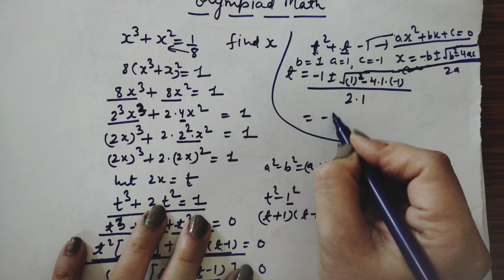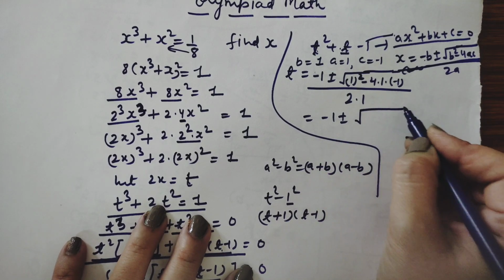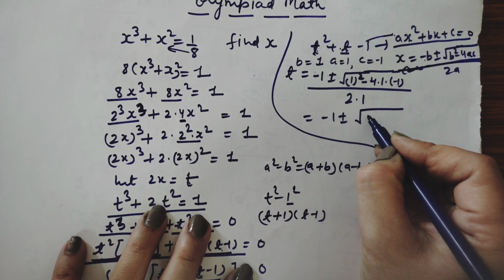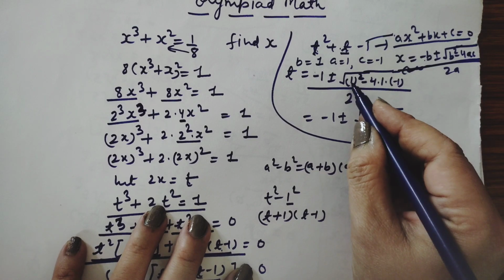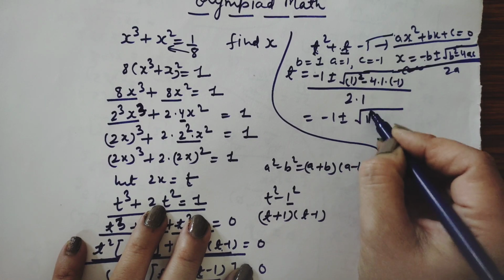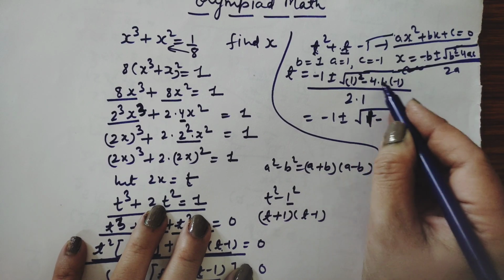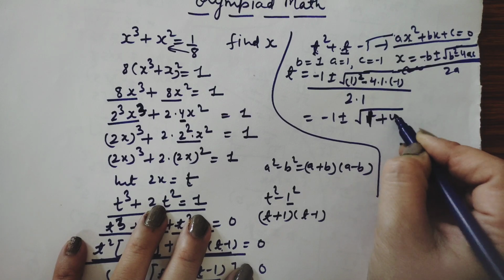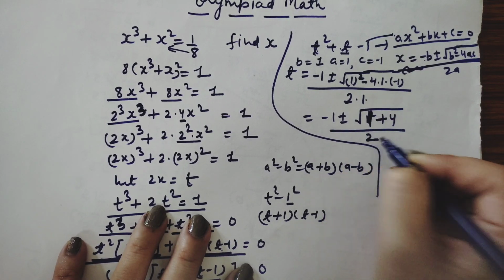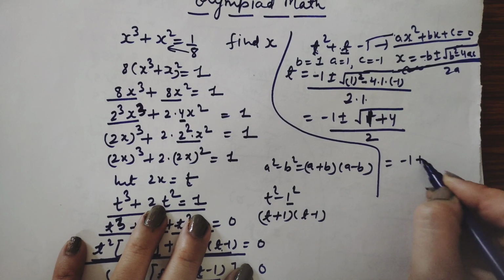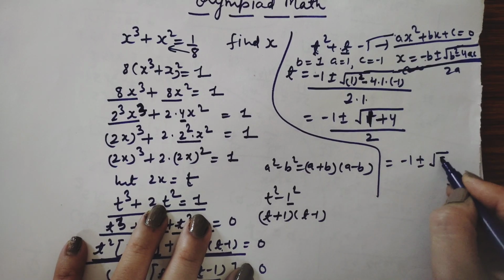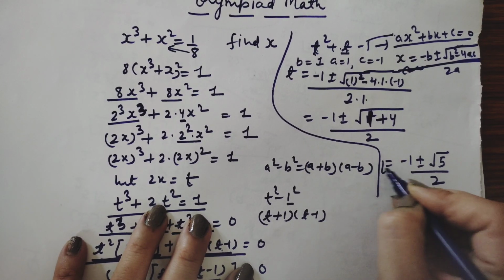So it equals minus 1 plus or minus the square root of 1 plus 4, which is 5, by 2. So this is the t value.